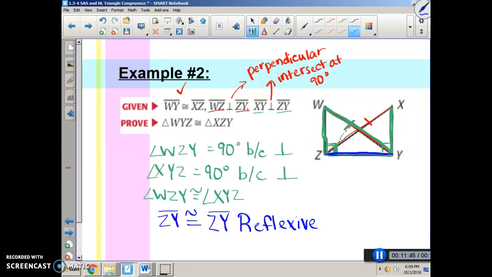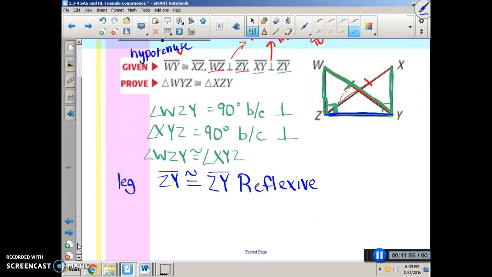So now we have our hypotenuse. This one was the leg. The hypotenuse was given to us up here, which means our triangles are congruent by, not SAS, not SSS, but by HL, which stands for hypotenuse leg.